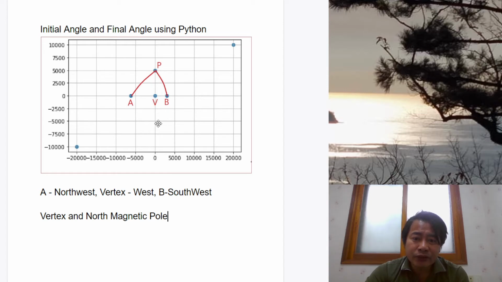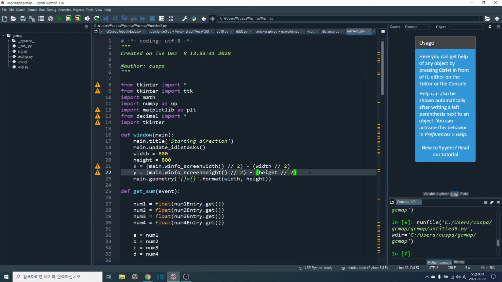Now I show you the angle of PAB and PBA using a Python program. Here you can see the Python program. I use Python, Tkinter, Math, NumPy, Matplotlib, Decimal, something like that.